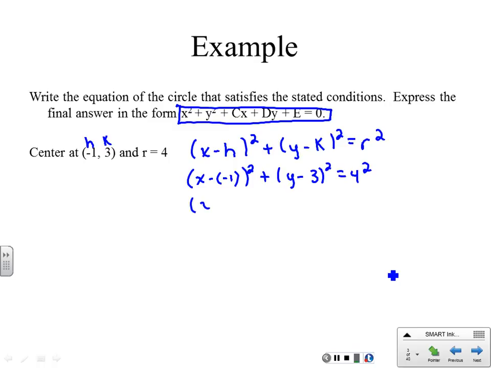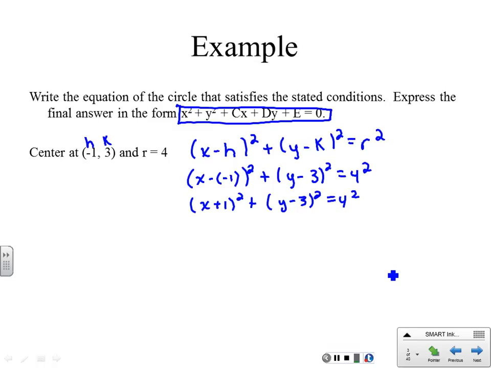Let's simplify this in here so that we can. x plus 1 quantity squared, not anything you can do here, is equal to 4 squared. Okay, so don't answer this out loud because I don't want you to embarrass yourself. On your paper, see if you can do x plus 1 quantity squared and y minus 3 quantity squared. See if you can get rid of those parentheses. Do the algebra.